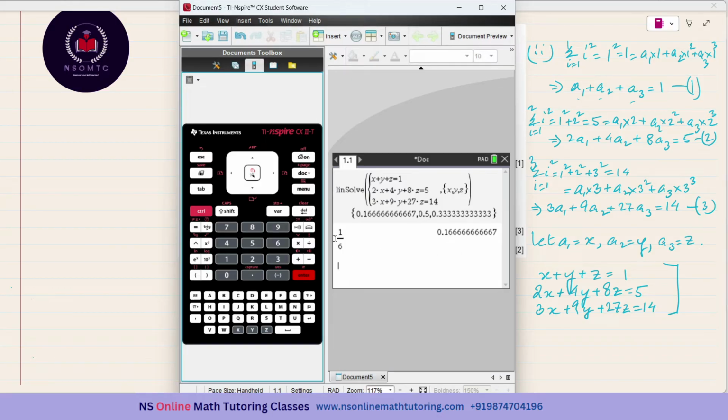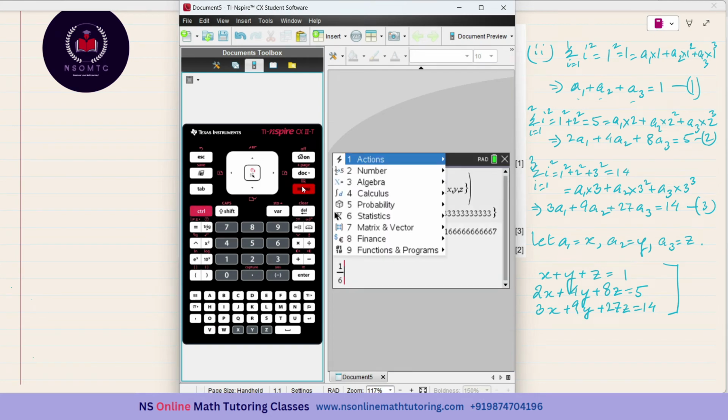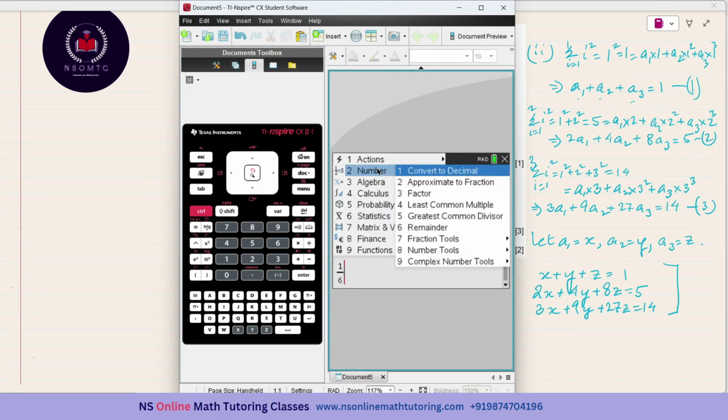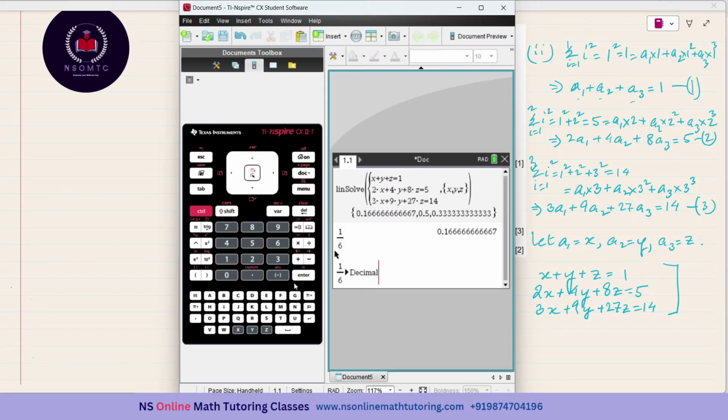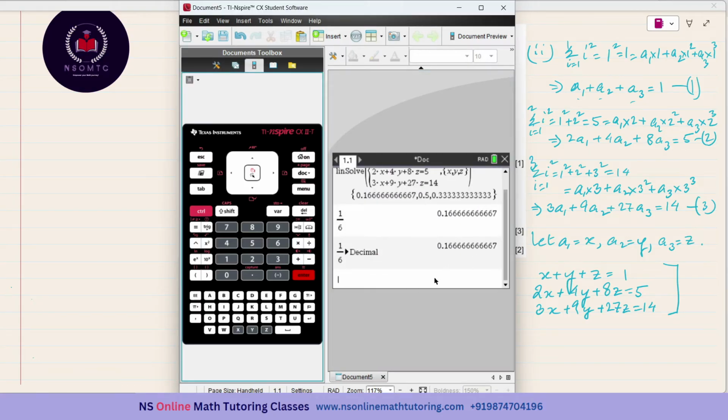Or else you can just press control enter. In case it is not working for you, I'm just copy pasting this, and then I can use the numbers and convert to decimals, enter. See, you are getting the same value. Okay. So let us write A1 as 1 over 6 and A2 as half and A3 as 1 over 3.